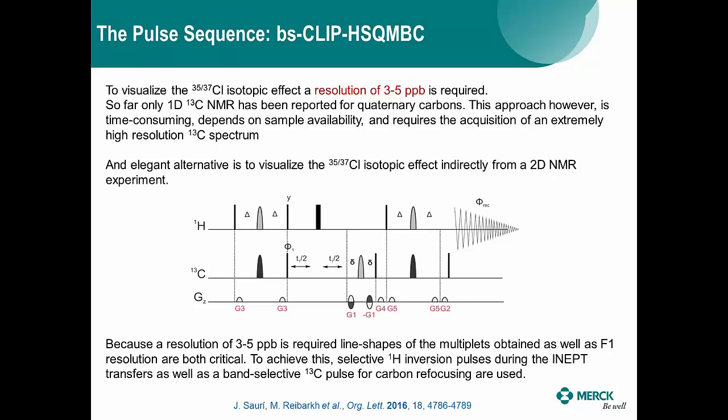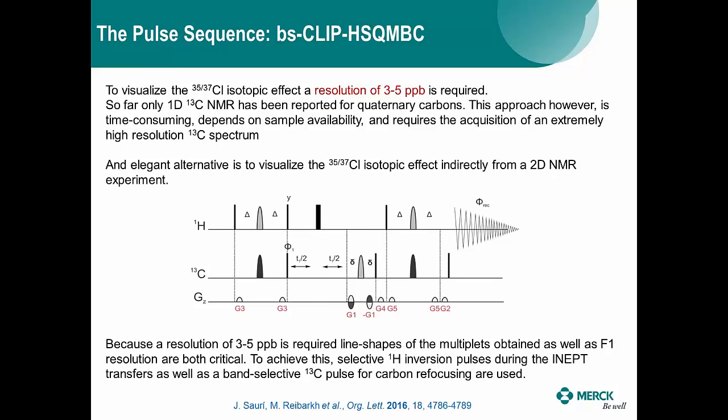We can run a 1D carbon NMR spectrum and try to visualize the chlorine isotopic effect on the carbon. But this requires a very time-consuming experiment, because we need to acquire a super high resolution 1D carbon NMR. It also depends on sample availability, and it's not always possible to run a carbon NMR in these conditions, especially if we are dealing with natural products that we have in small amounts.